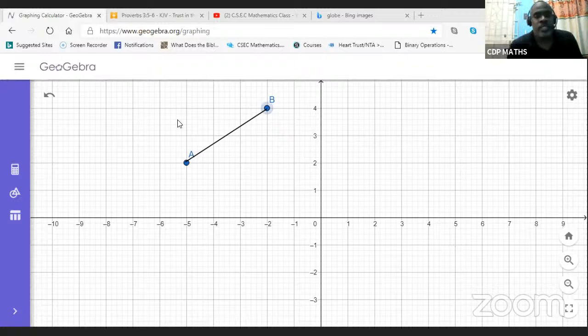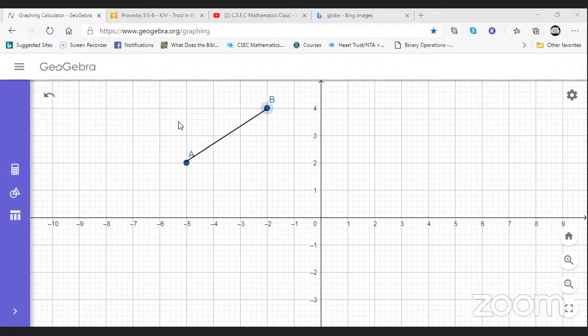Now, our objective for tonight is to determine the slope of the line and its gradient.